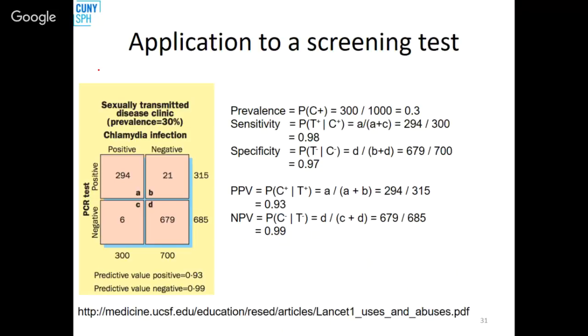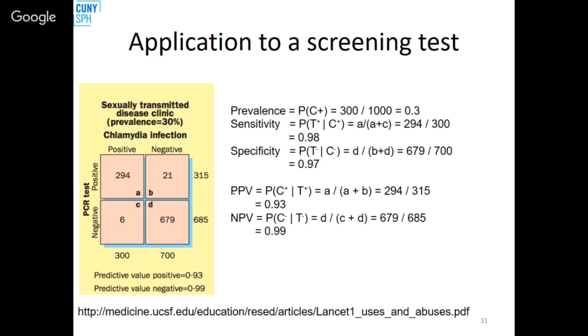So let's apply it to that screening test. We can calculate all of these values: the prevalence, the sensitivity, and the specificity. In this particular case, we can calculate PPV and NPV directly because we have all of this 2x2 table.